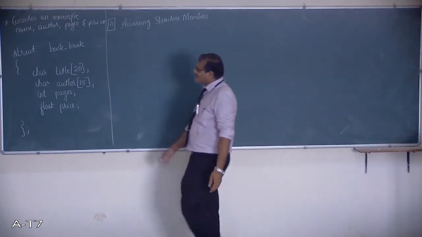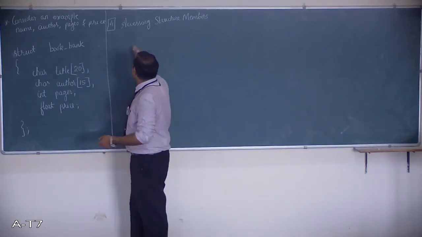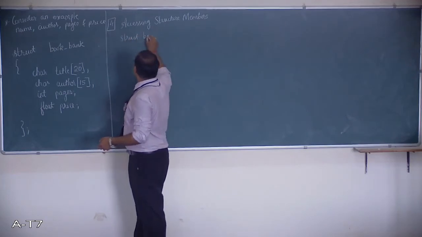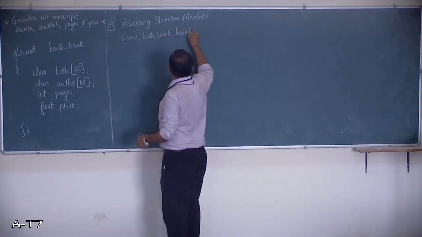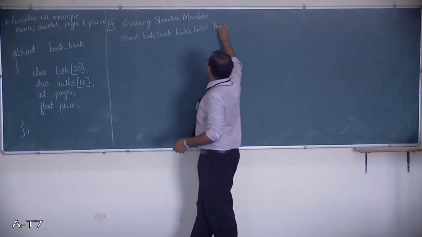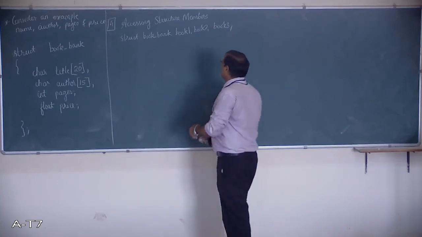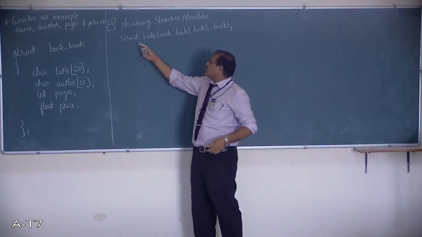Now, once we know how the variables are being defined, how do we access them? We have a method called struct. So we have 3 variables called book1, book2 and book3, which are of structured data type book bank.